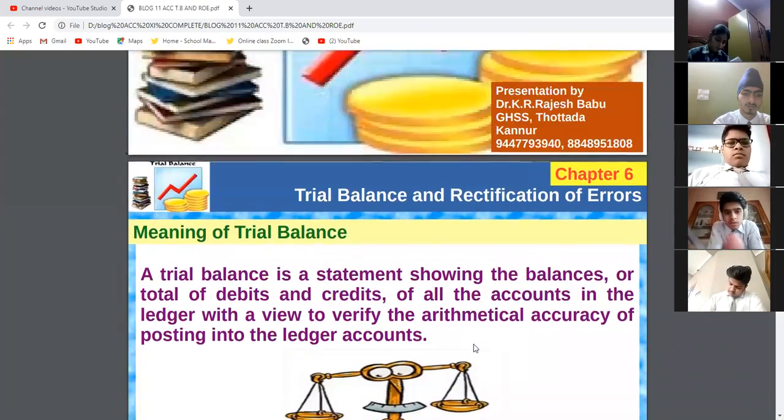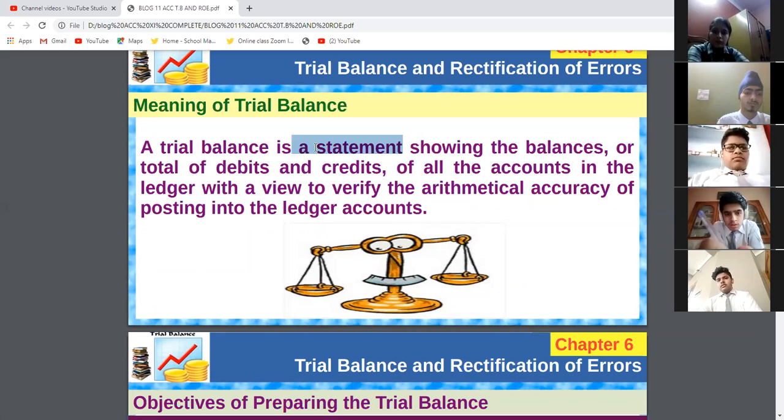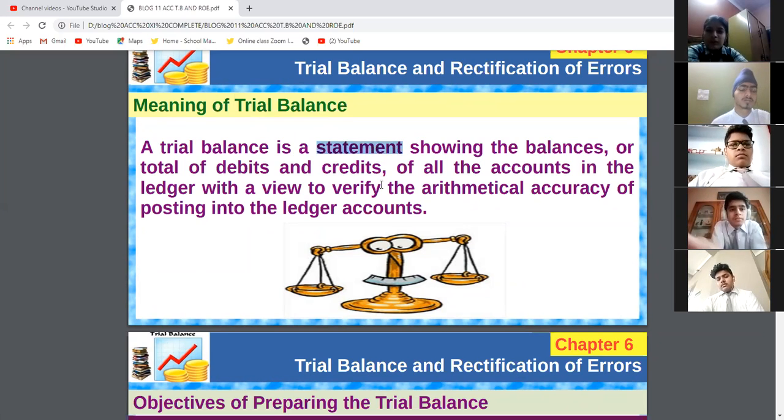Now, today I am going to explain again what we have completed. Meaning of trial balance. First of all, you should learn this word. This is a statement, not an account, not a final account.